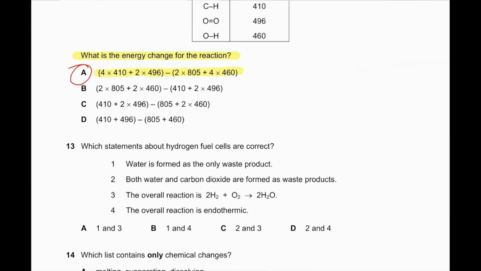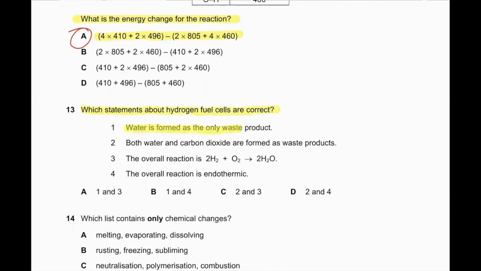Question number 13. Which statement about hydrogen fuel cells is correct? Water is formed as the only waste product. Okay, so hydrogen fuel cell does produce water. All right, that is correct. Number one, correct. If number one is correct, then C and D are already wrong. So let's see. What about number two? Both water and carbon dioxide are formed as waste products.